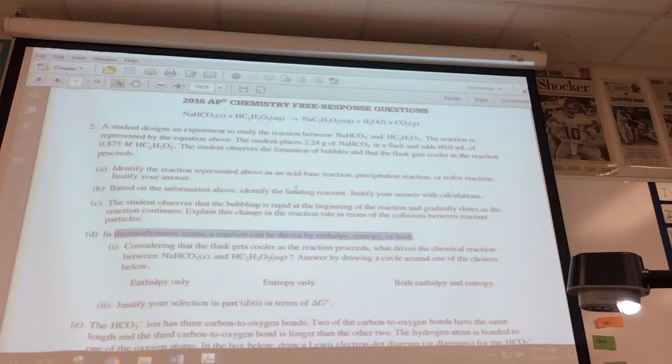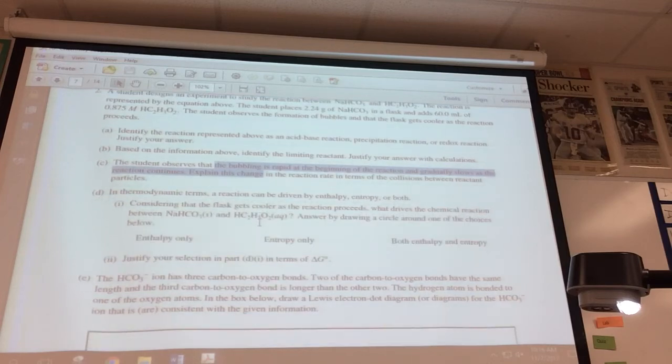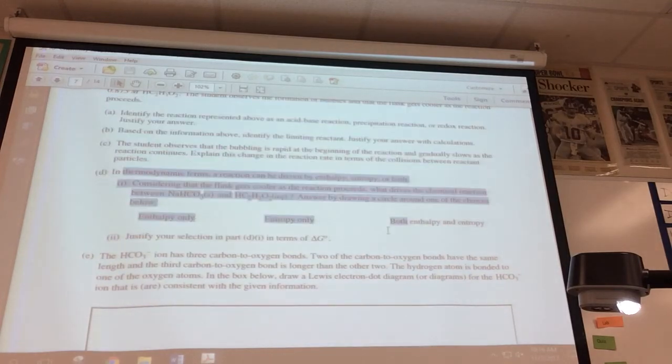The next question says, identify the limiting reagent. You should be able to do that because you did it with ease last year. Then it indicates something about kinetics, which we've also covered already. Then they get into thermo, which most of you couldn't answer at this point, although some of you would remember it from honors.